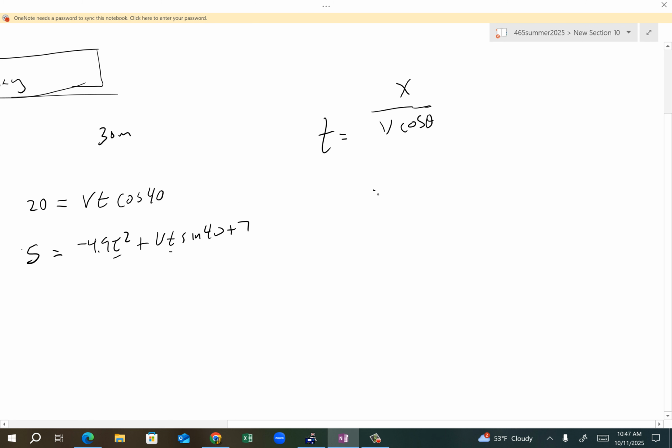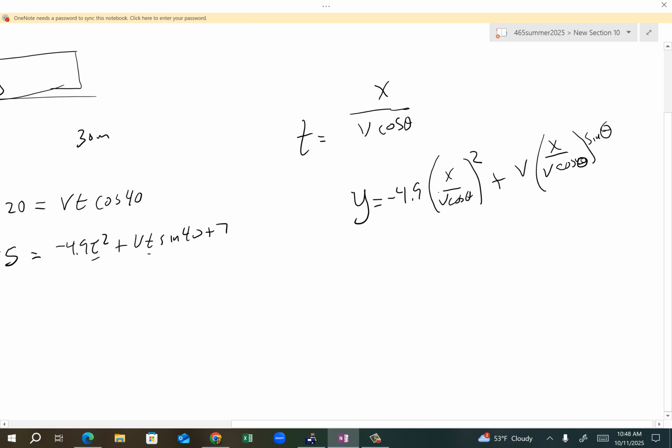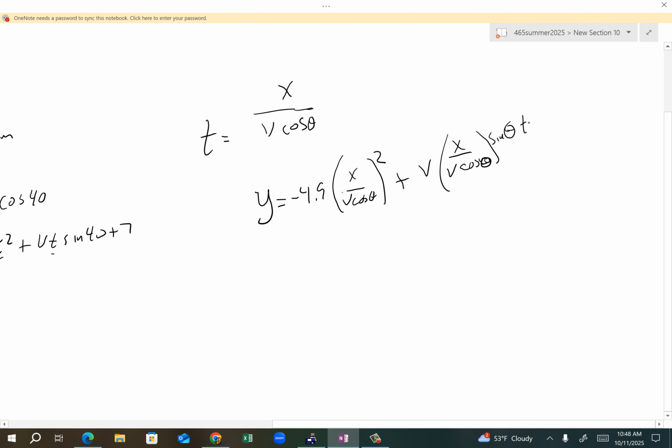And so I'm going to get y equals negative 4.9 t squared plus v sine theta times t. Oh, that was t. Plus h sub o. You see this?